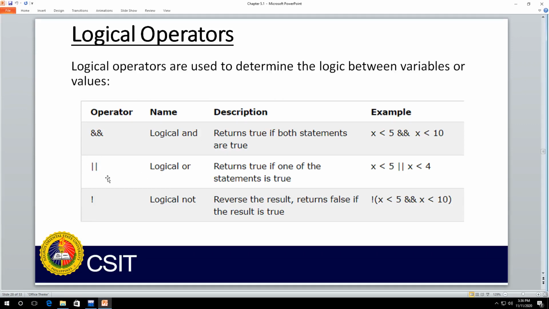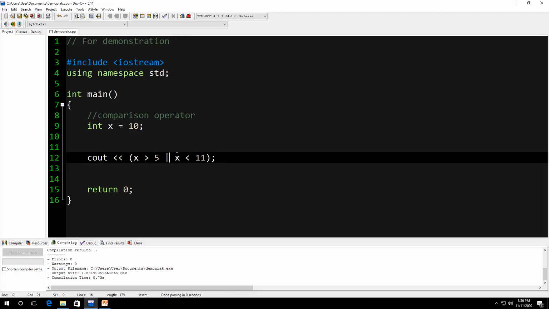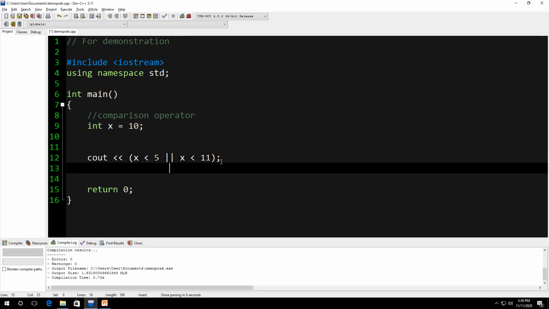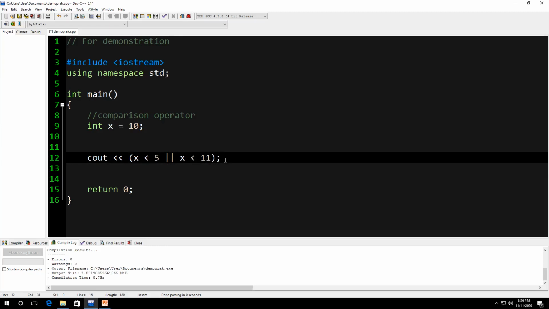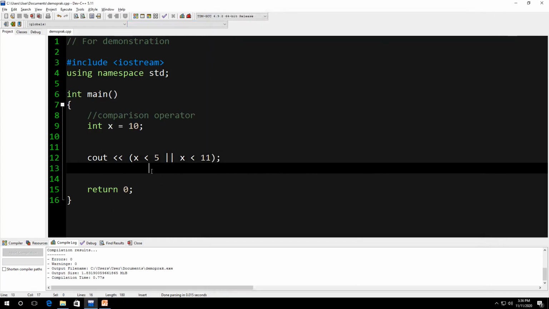Logical OR returns true if one of the statements is true. For example, we change this to logical OR. So it will give you true. True is the answer. So why true?